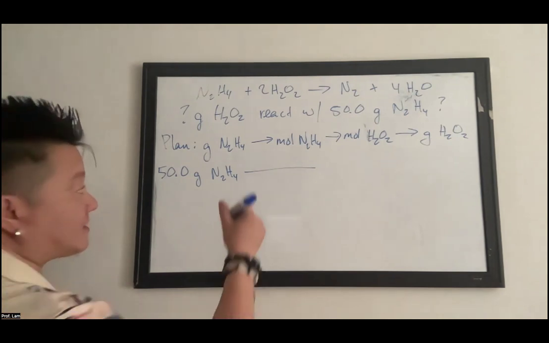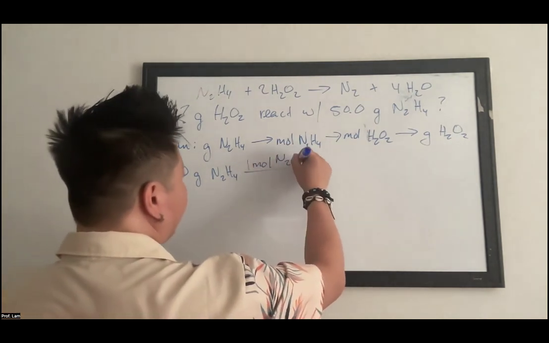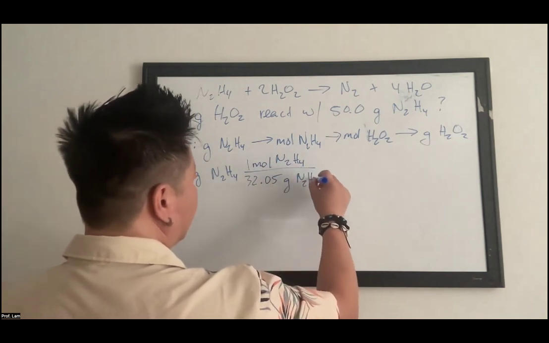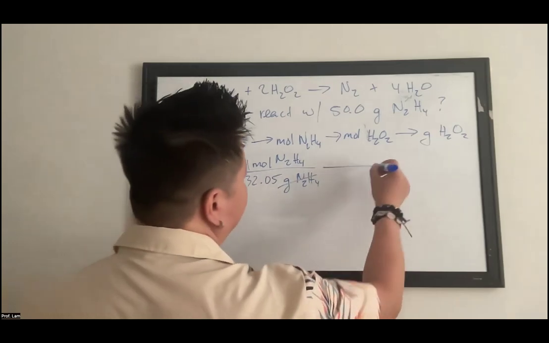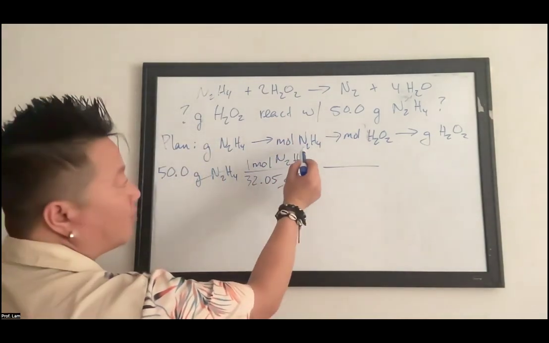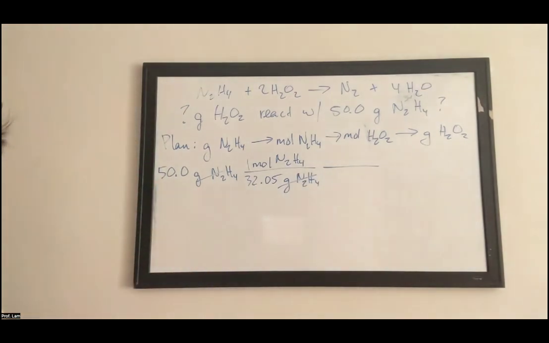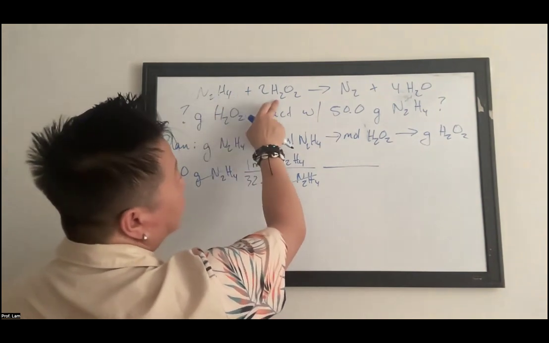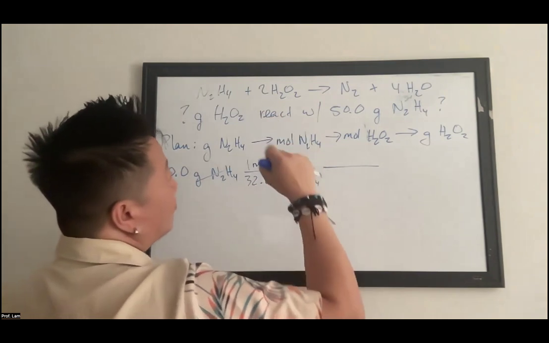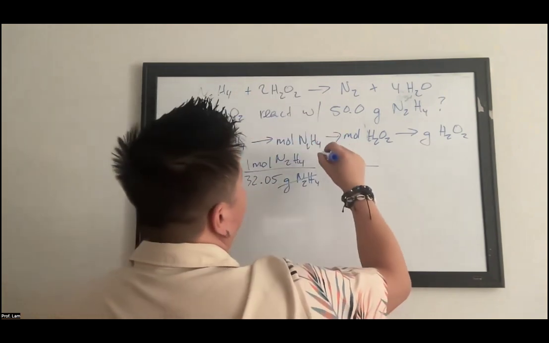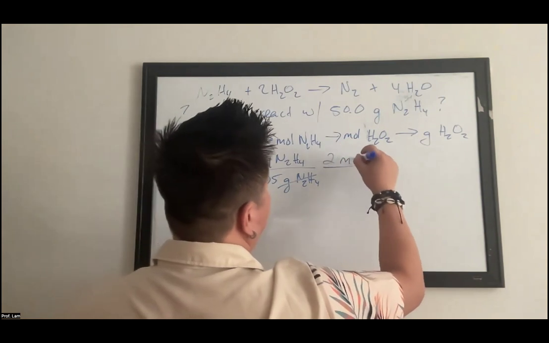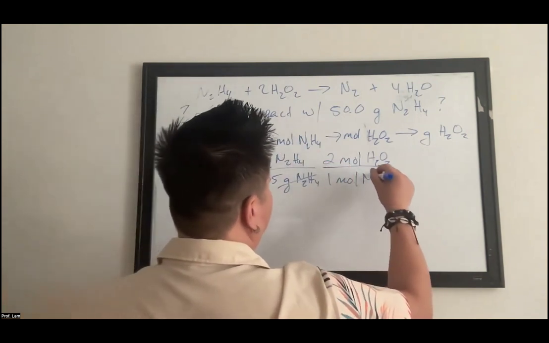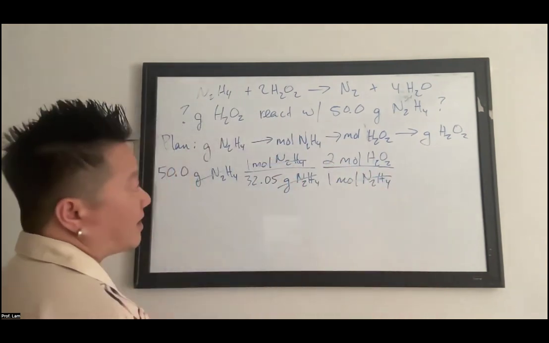We want mole on top, so 1 mole of N2H4 is 32.05 grams of N2H4. So that cancels. Now we need to go from mole N2H4 to mole of H2O2. That's going from mole A to mole B. So put your finger on N2H4, H2O2, and look at the numbers in front. We want moles of hydrogen peroxide out, so we need the 2 on top, 2 moles of H2O2, to 1 mole of N2H4. So that will cancel.